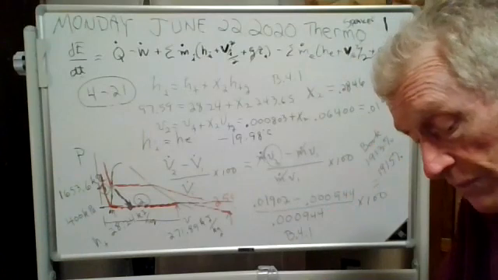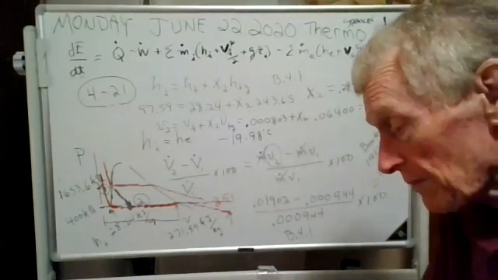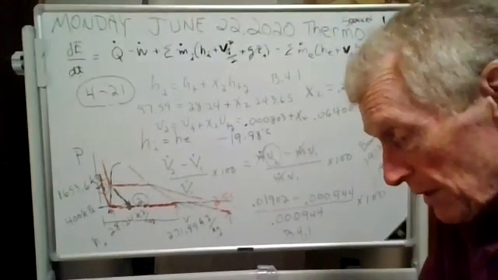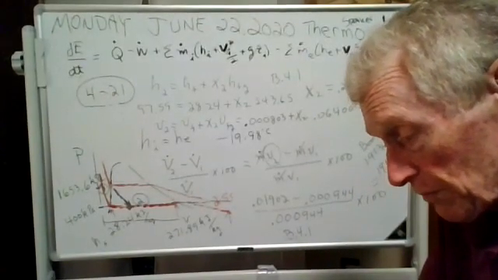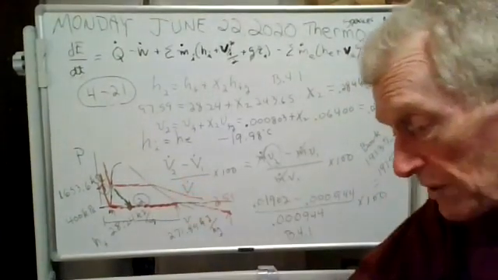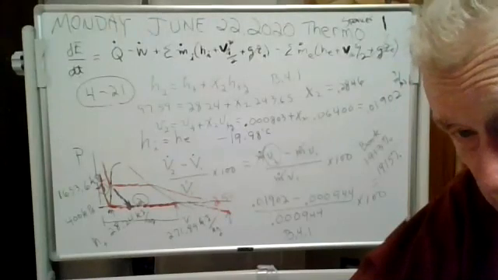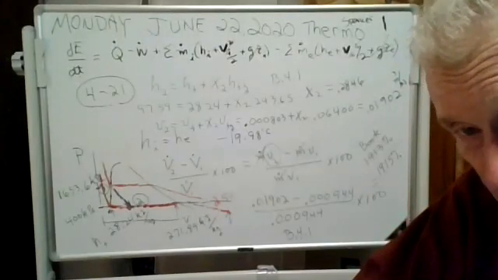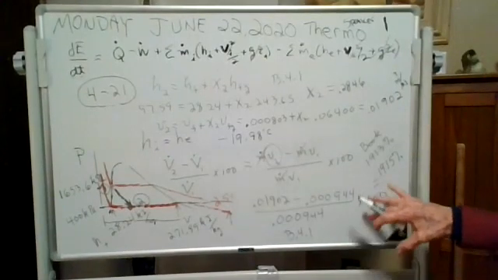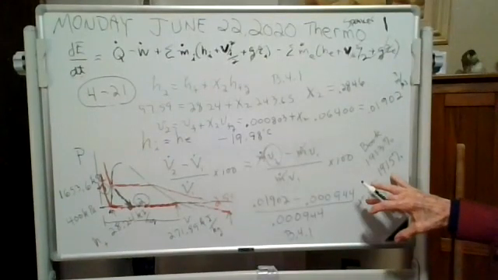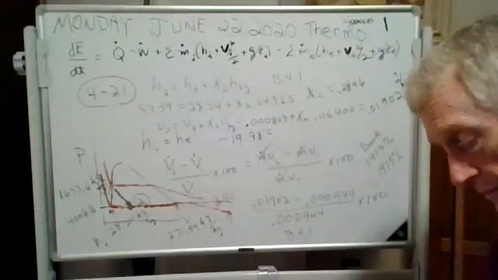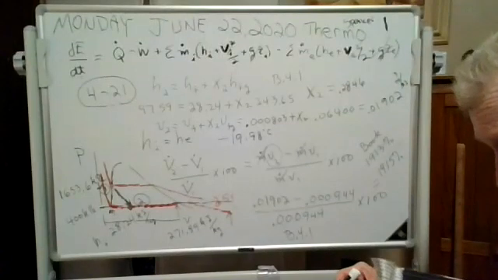So if you have 1 cubic meter of water and you boil it, you will have 1,000 cubic meters of steam. It's incredible. So we're increasing our volume by 1,915%. So we did good on that.